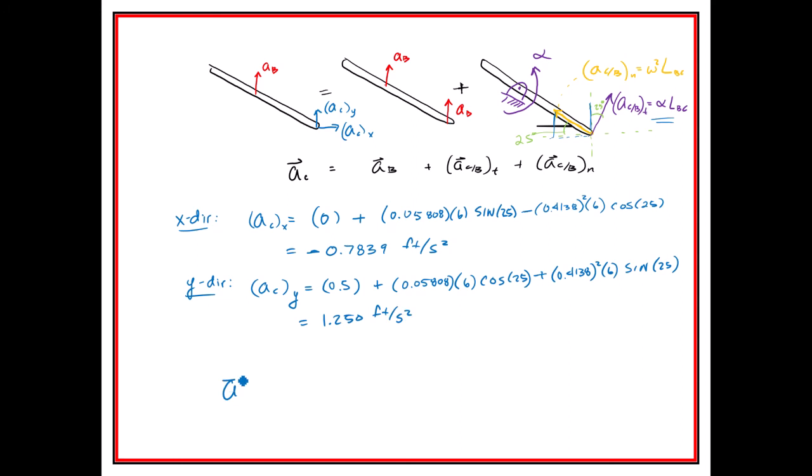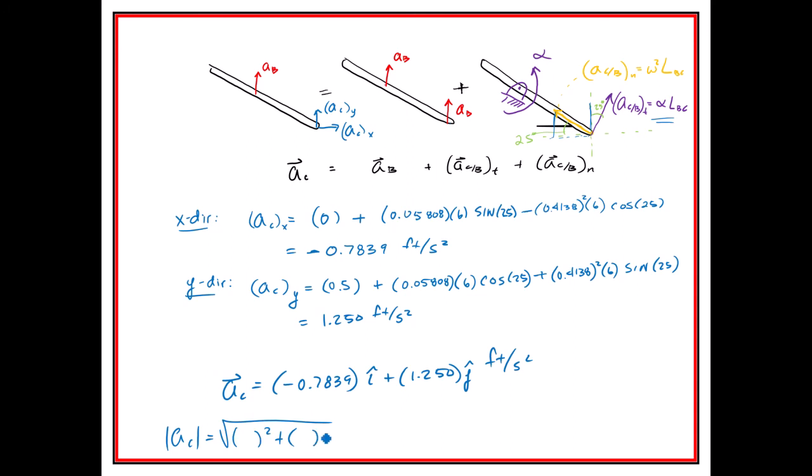So the answer is a negative 0.7839 I plus 1.250 J, of course, that's using vector notation here, feet per second squared. We would usually also want to know the magnitudes here and the angle.